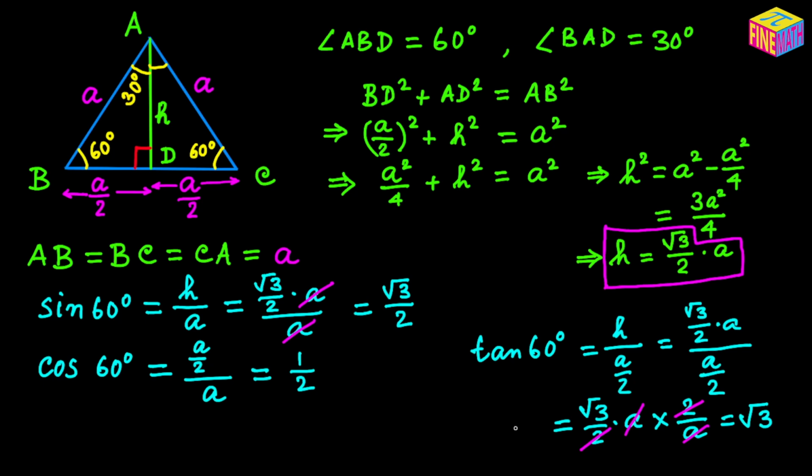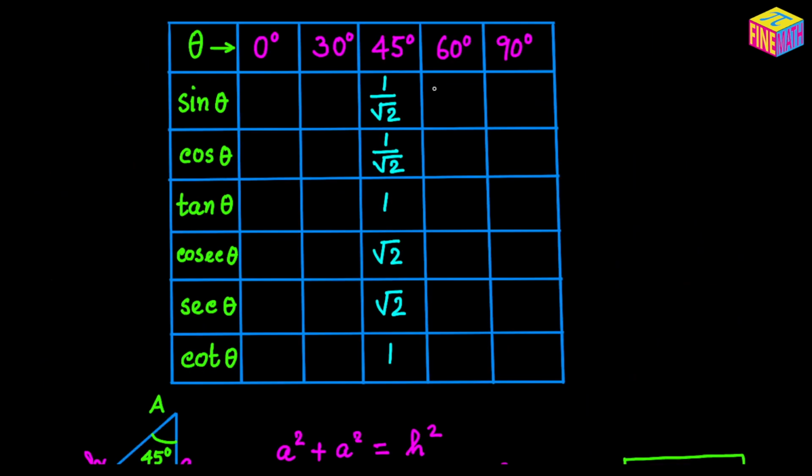So we have found sine 60 degree, cosine 60 degree and tan 60 degree. So let's go and fill up our table. So sine 60 degree is root 3 by 2, and cos 60 degree came out to be half, and tan 60 degree came out to be root 3. And then let's put the values of the reciprocal ratios also. So cosec 60 degree would be reciprocal of sine 60 degree, so that would be 2 by root 3.